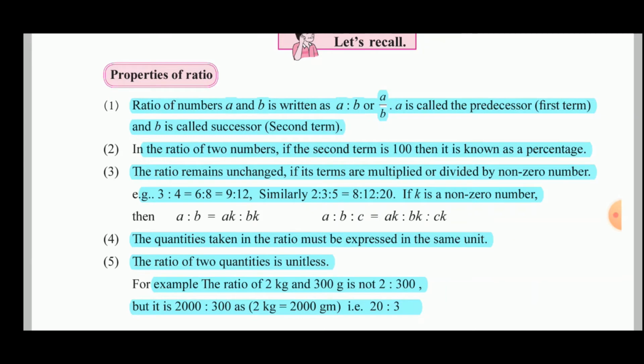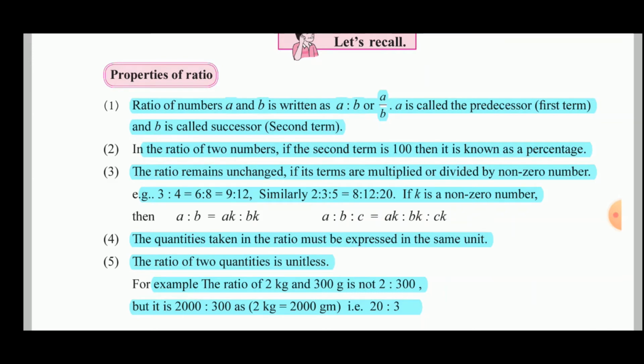The quantities taken in the ratio must be expressed in the same unit. Means if you are taking the ratio of two weights, and one weight is given in kg and another in grams, convert that kg into grams. So both the weights should have the same units. If you are taking the ratio of two distances, kilometers and meters, then convert the kilometers into meters and then take the ratio.